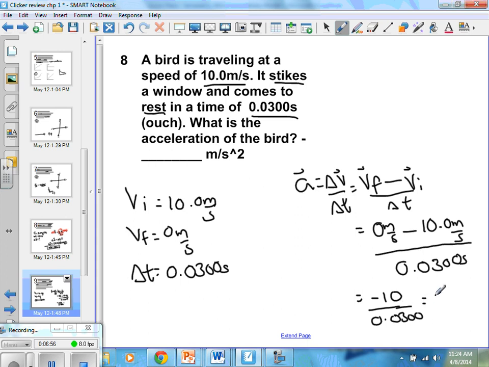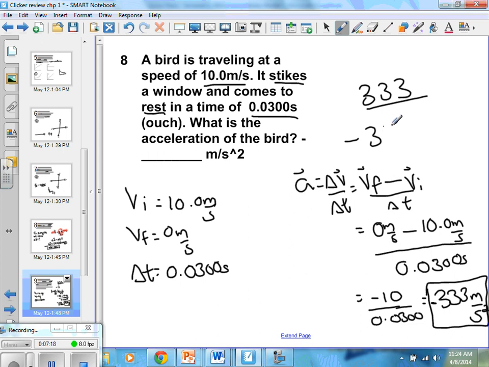This gives me negative 333 meters per second squared. It's very important that it shows a negative because the object is slowing down. So give them a half mark if they just put 333. Give them a full mark if they put negative 333.